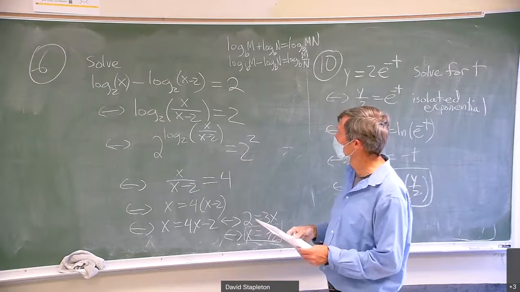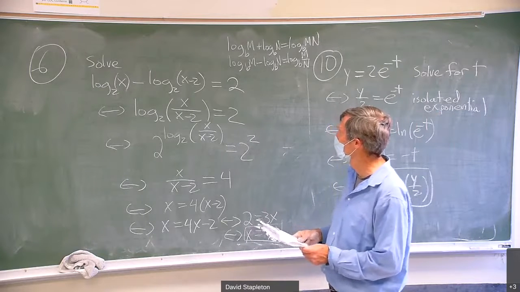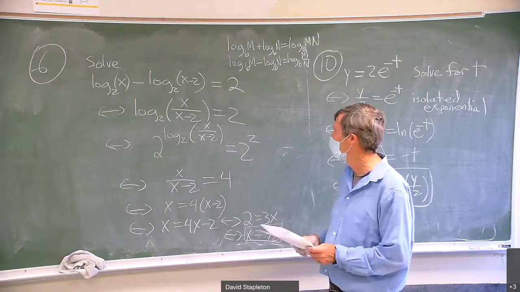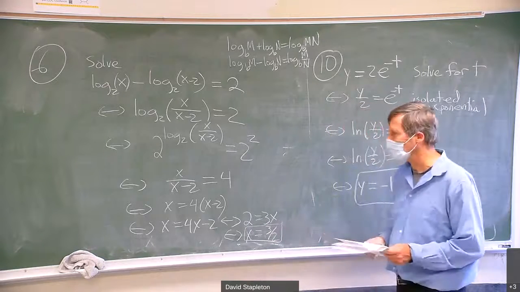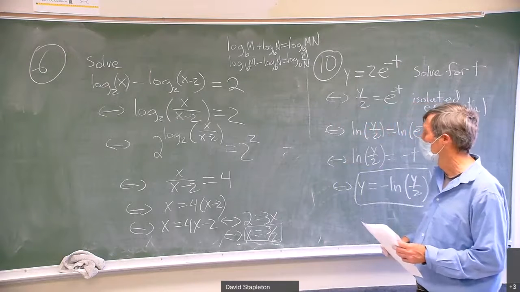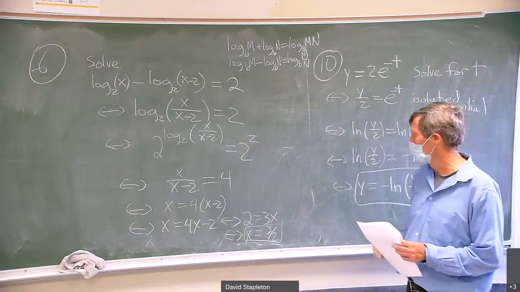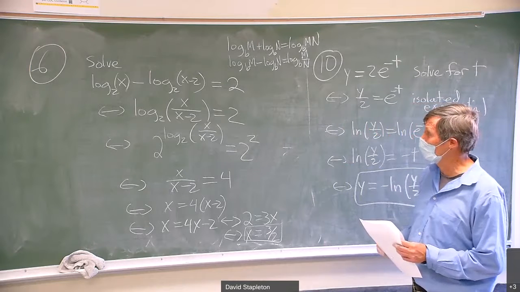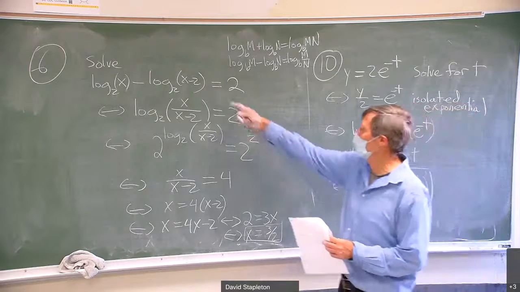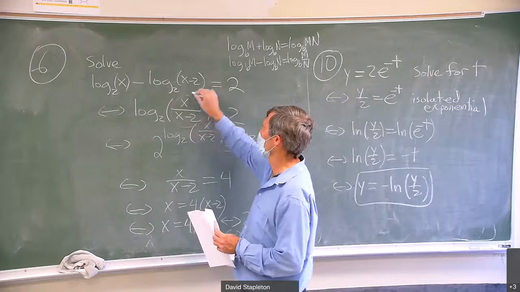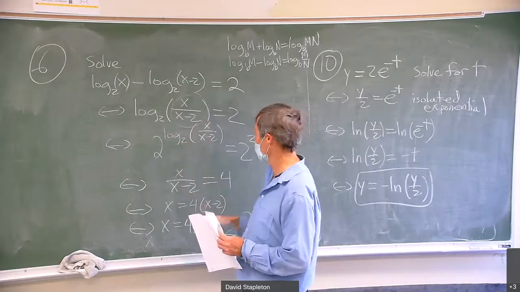And now there's one more thing here. Why is this wrong? What's wrong with that? There is an assumption that goes in here when you combine these logarithms, that you don't get the log of a negative.